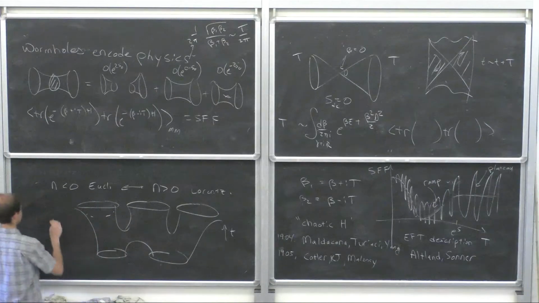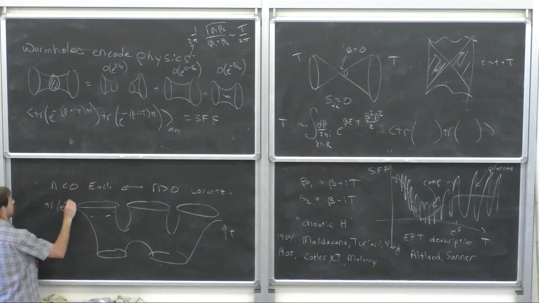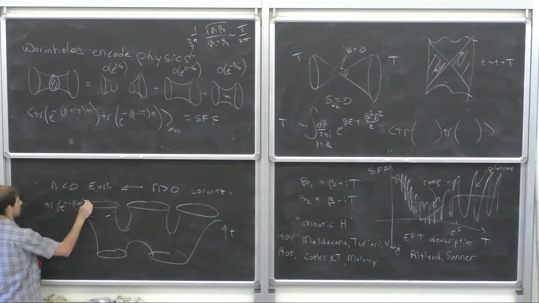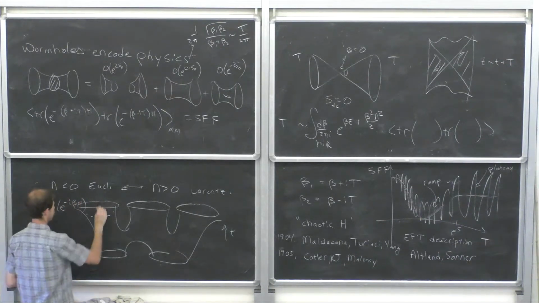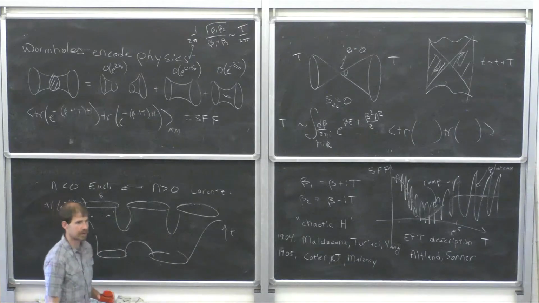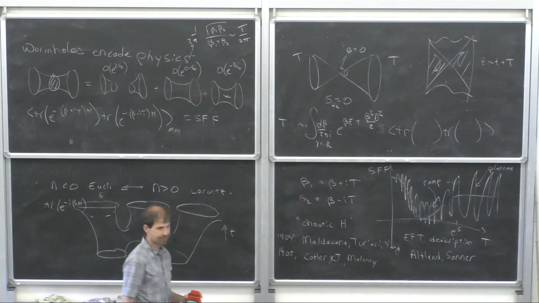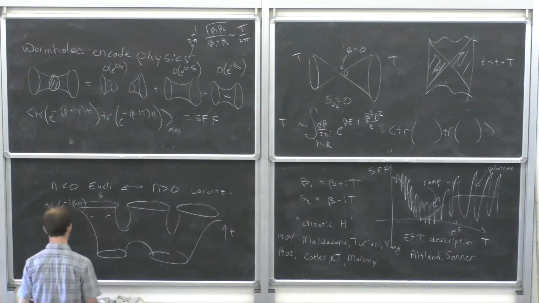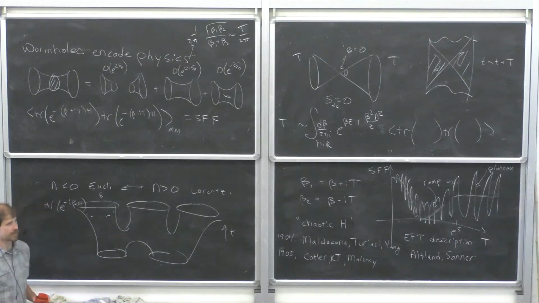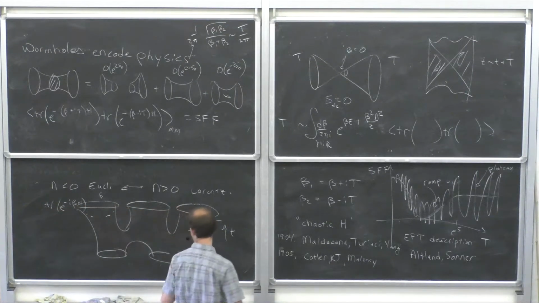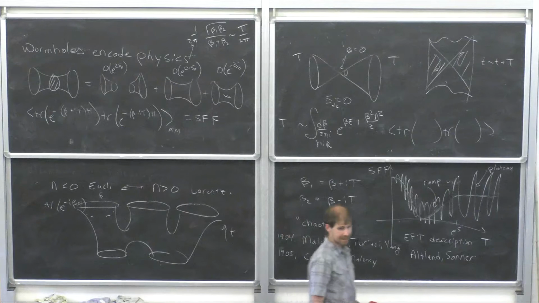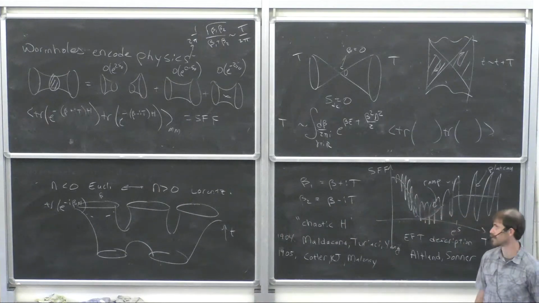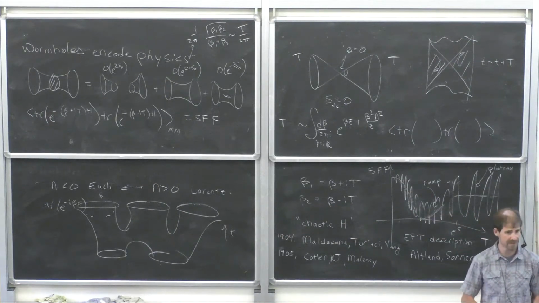Well, these would be like trace e to the minus i beta h, where beta is like renormalized length up here. Yeah, so from the point of view of the matrix model, provided that you include i epsilons, so as to have convergence, then those matrix model averages certainly exist.